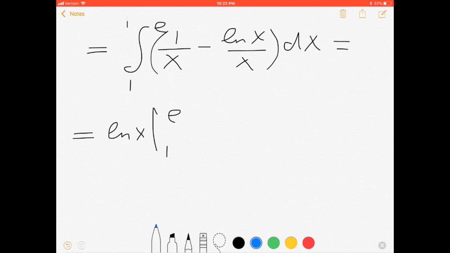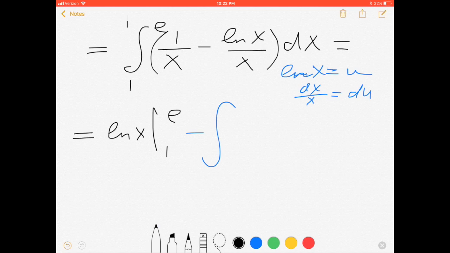Here, let ln x be u, then dx over x will be du, and my second integral will be u du. Because I'm changing my variable, and I don't want to go back to the old variable since I have borders here, I'm computing new limits.